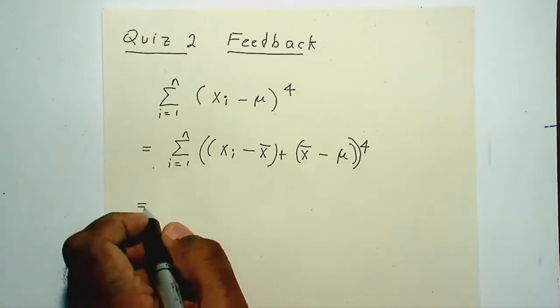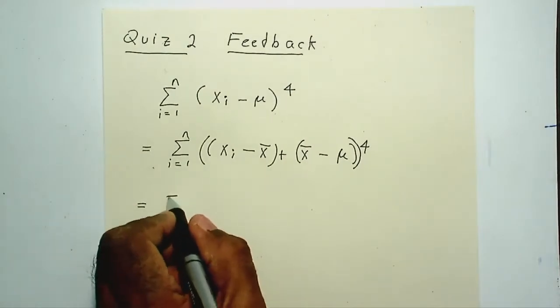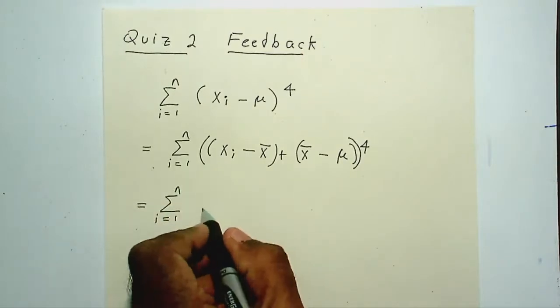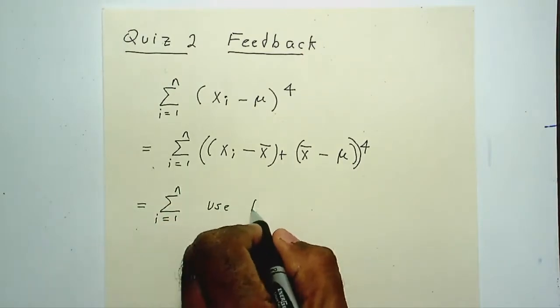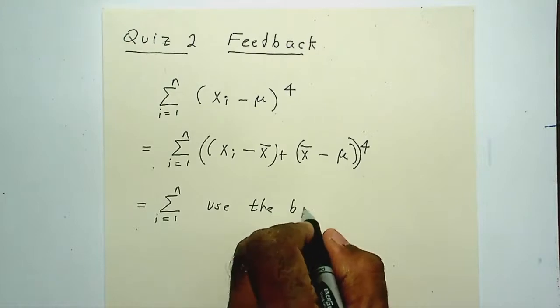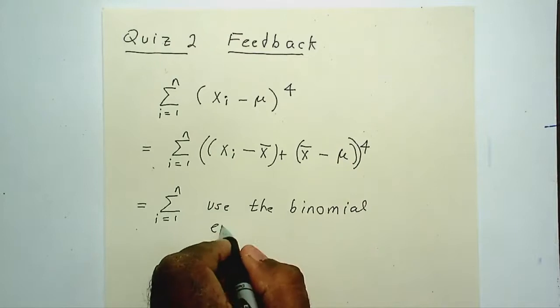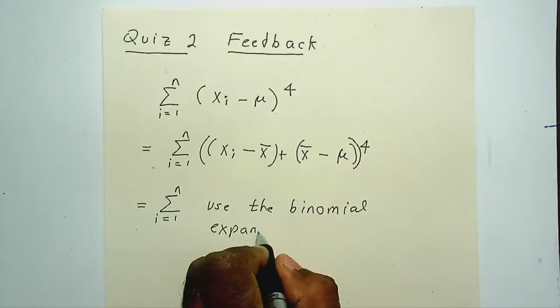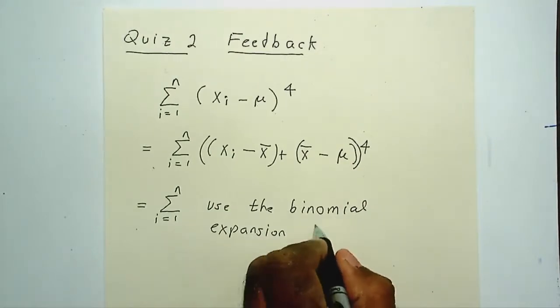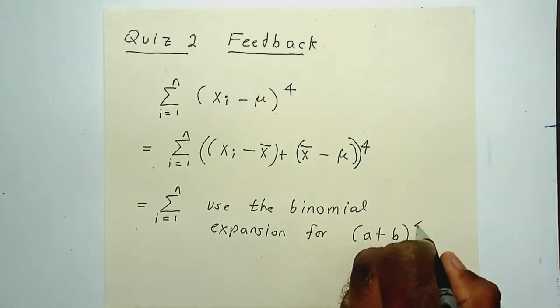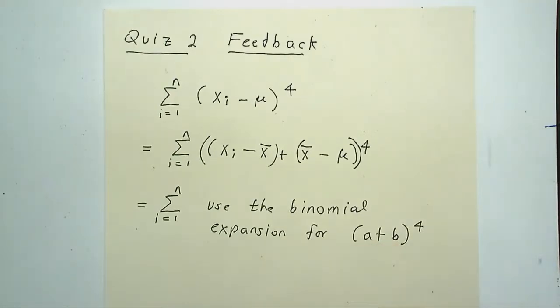I'm not going to do it, but you should use the binomial expansion for a plus b raised to the power 4.